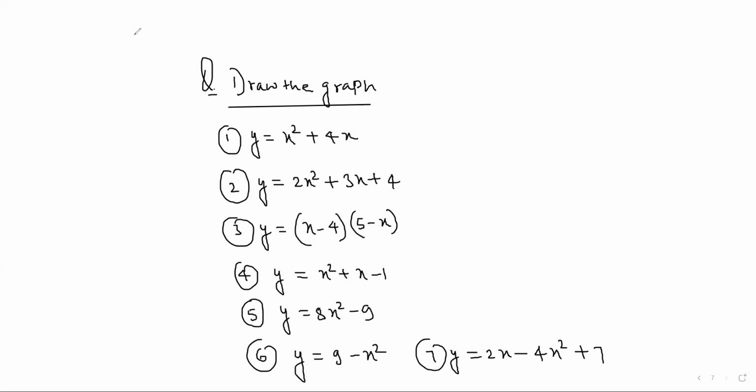So beta, we will start the discussion. Observe the first graph. First is y is equal to x square plus 4x. Just take x common, so we get x into x plus 4.